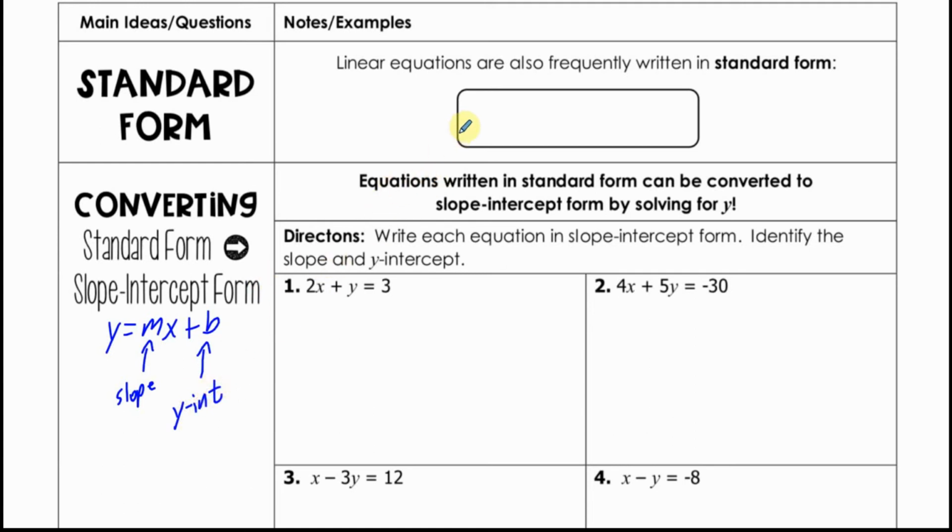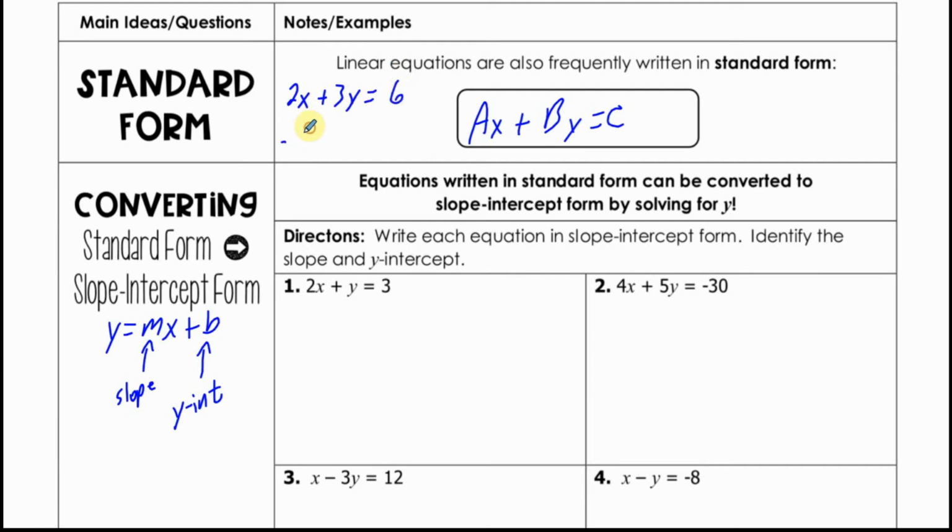Now, standard form is ax plus by equals c. We're going to work some examples down here, but some more examples. You could have 2x plus 3y equals 6.